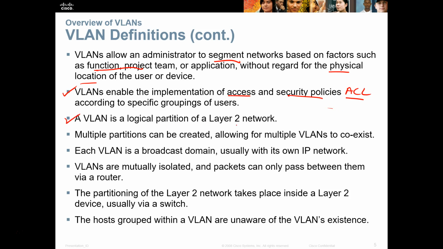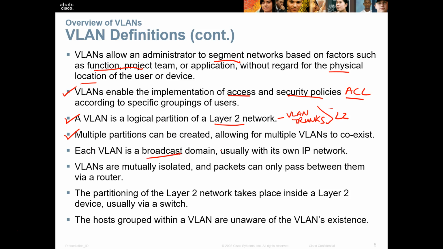It is a logical partition of the layer 2 network, so the entire VLAN and the trunks that connect those ports on different switches are all layer 2. Multiple partitions can be created, allowing multiple VLANs to coexist. So you can have multiple VLANs on a switch, and then you assign the ports to a specific VLAN.